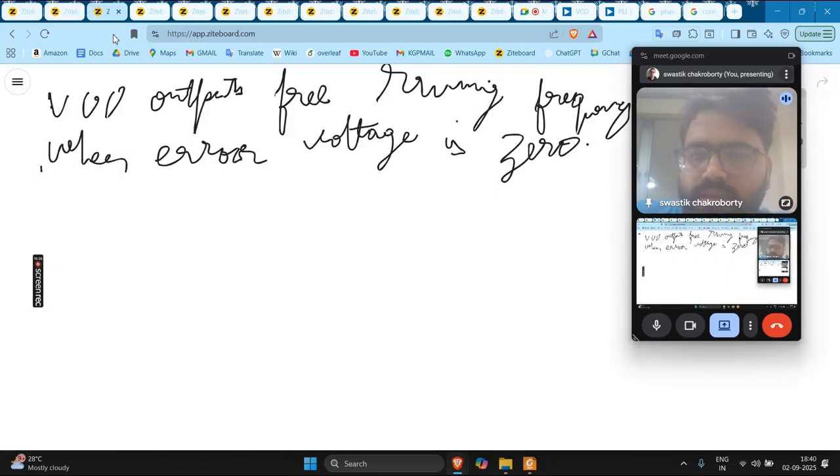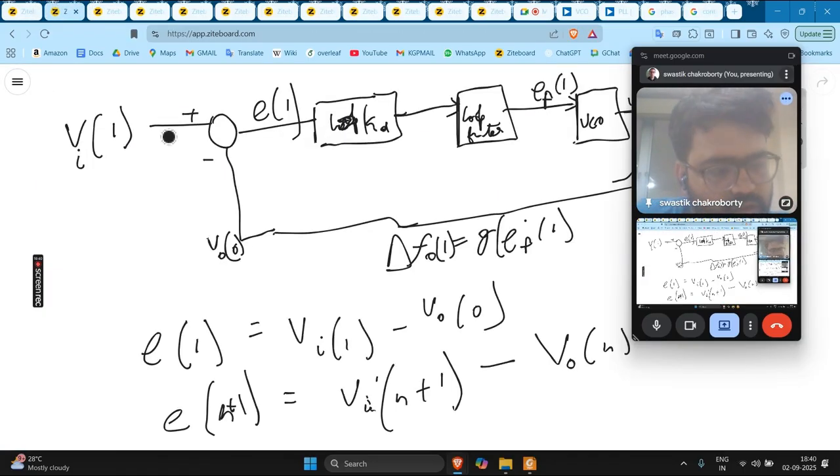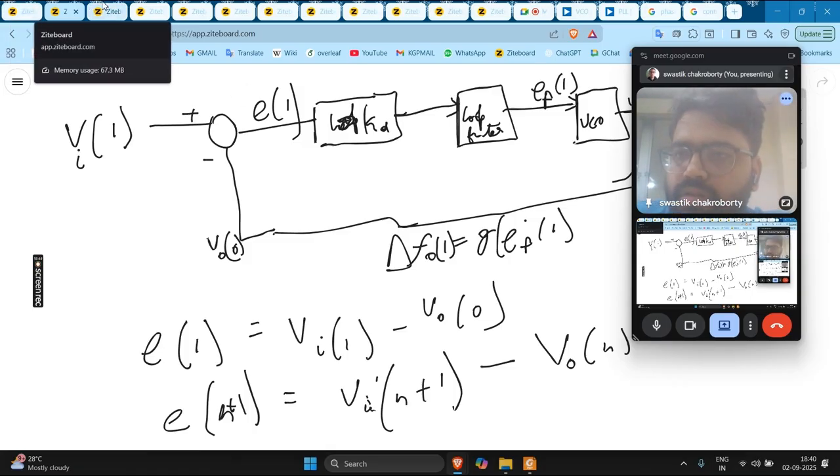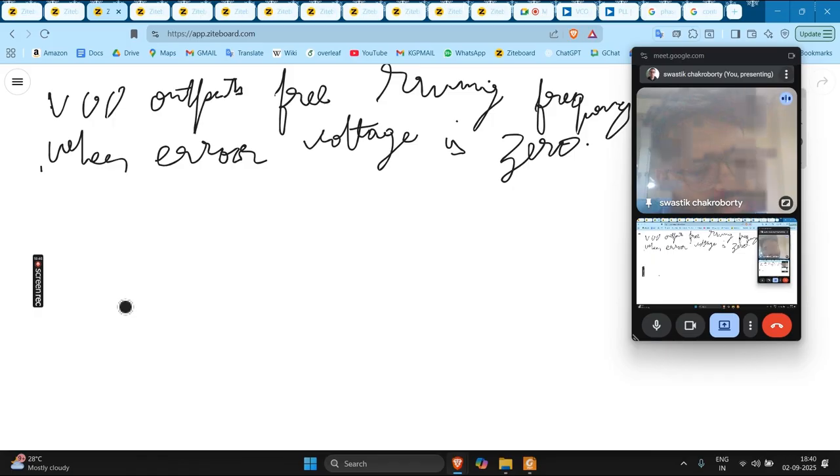Now they are asking what is the EF. Here is the control voltage of the VCO. So EF is the control voltage because it is outputting a frequency that is directly proportional to the control voltage, the filtered error.